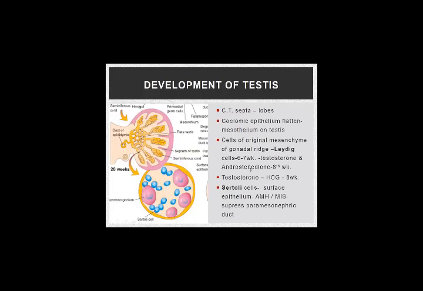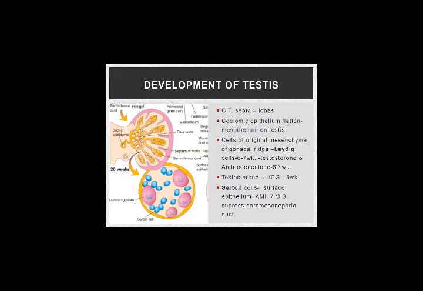Now the surface epithelium, which was coelomic epithelium, becomes flattened. Okay? Now the original mesenchyme of the testis, the original mesenchyme lying inside this medulla, develops into cells which are called interstitial cells of Leydig.